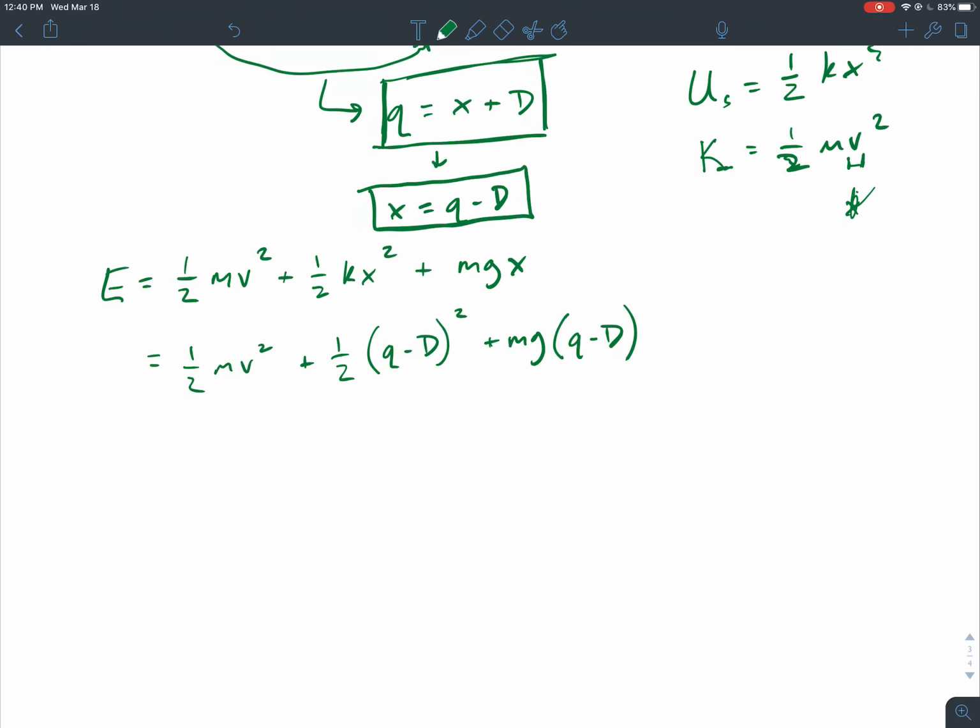And we want to separate out the q's and d's, because d is a constant and q is a variable. So we want velocity terms together plus our q terms together. We might have a q squared and another q term plus a constant, probably in terms of d.